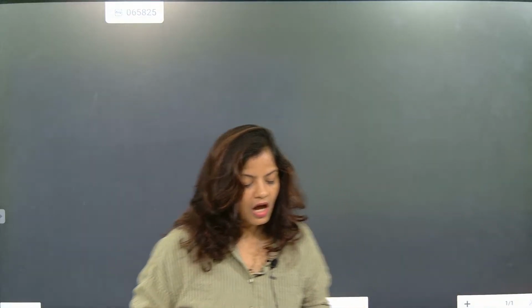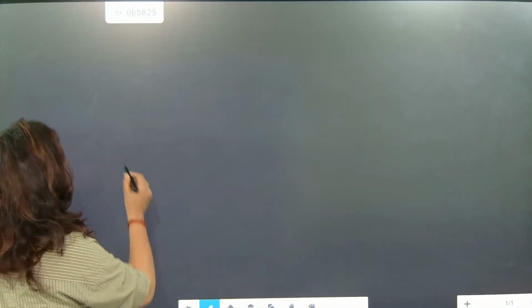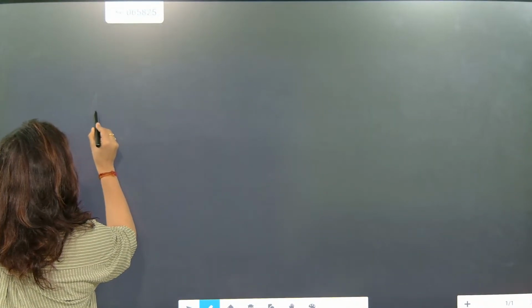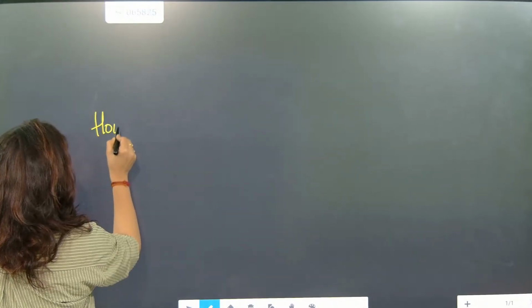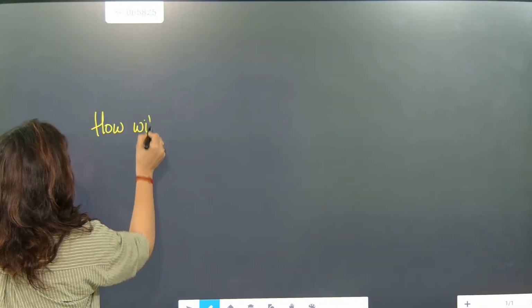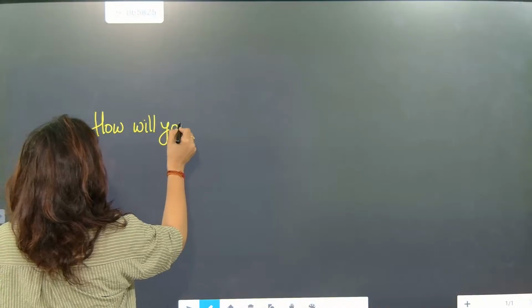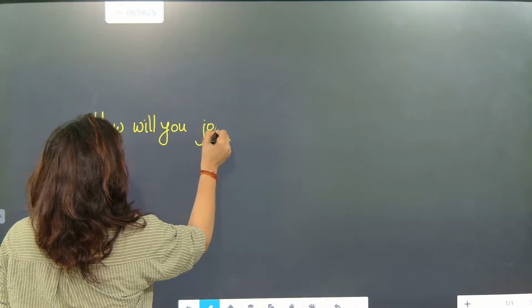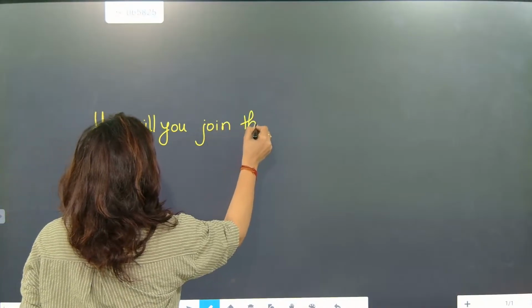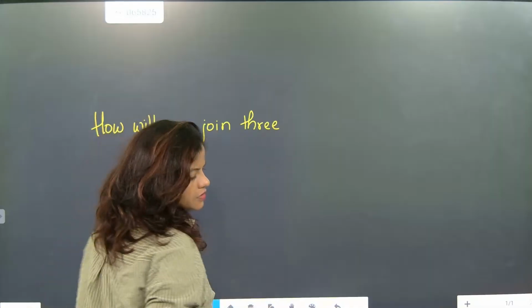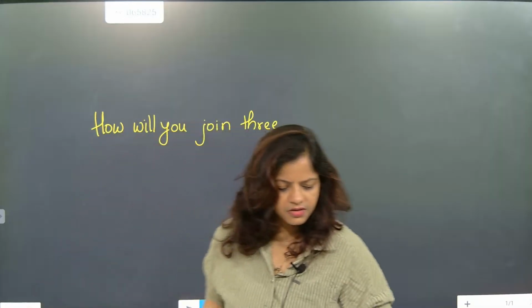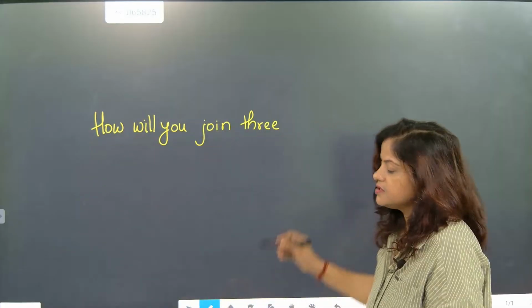Let's start, beta. How will you join three resistors?